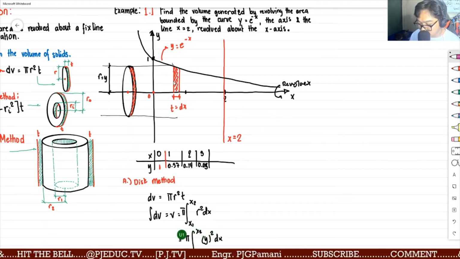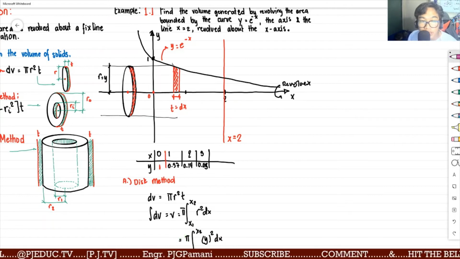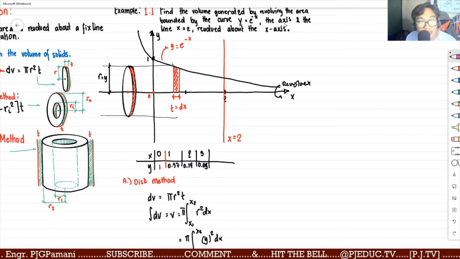First, ano yung ating upper and lower limit? Vertical element. Ano yung volume na kinoconsider natin? Sabi niya, the axis and the line x equal to 2. Volume generated by revolving the area bounded by the curve y equal to e raised to negative x and the axis and the line x equal to 2.